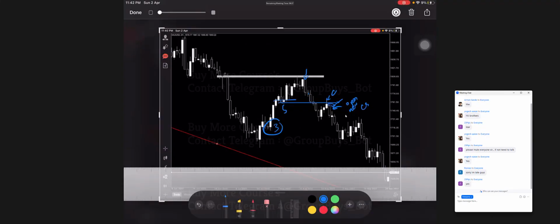I don't ask you to entry. This is part of the direction, not part of entry. I remind again, I just give an example. When you entry here, you will re-entry here because this nearest level is already broken out.